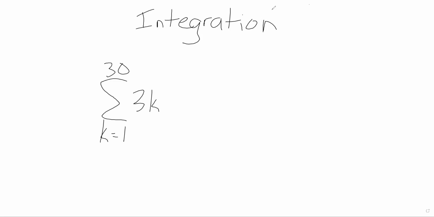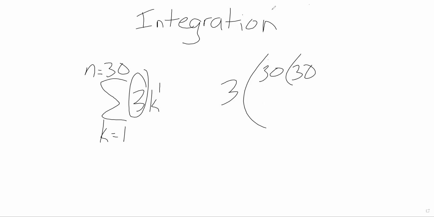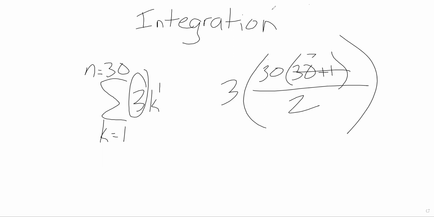Well, we know that it's not K squared, it's just K to the first, which is our first expression. We can pull this 3 out in front like we did for the other expression. This value is our n value. So we're going to do 3 times 30 times 30 plus 1, over 2, that would be 31 over 2. And that's our answer. I wouldn't simplify this. The only thing I might simplify is the 31, but besides that, you can leave it.